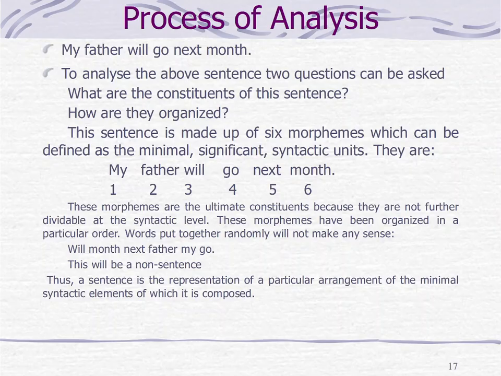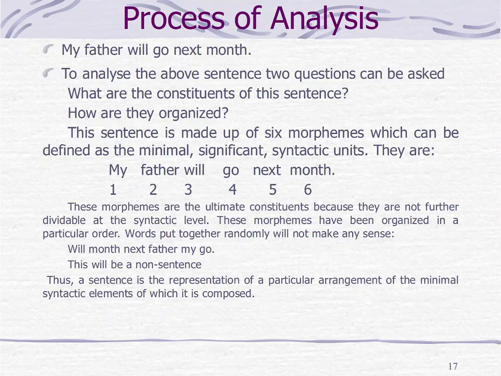So this sentence actually is made up of 6 morphemes, which can be defined as the minimal significant syntactic unit. Minimal means they cannot be further divided. Syntactic means they convey meaning. They are the smallest meaningful units. And because they are meaningful, they are significant.